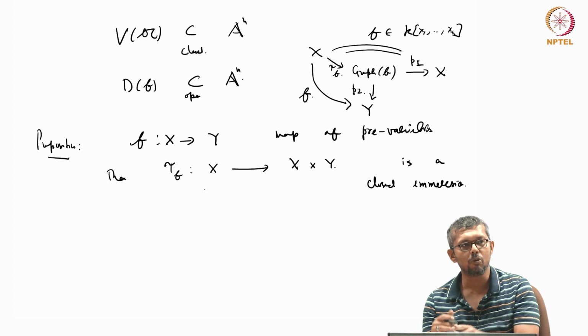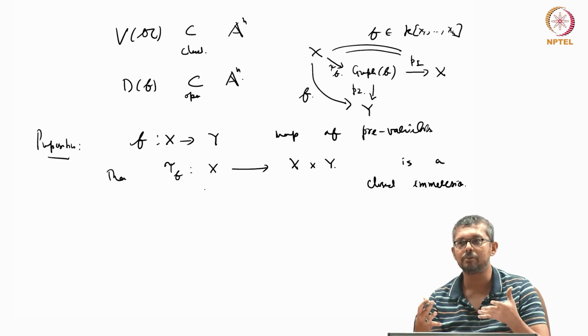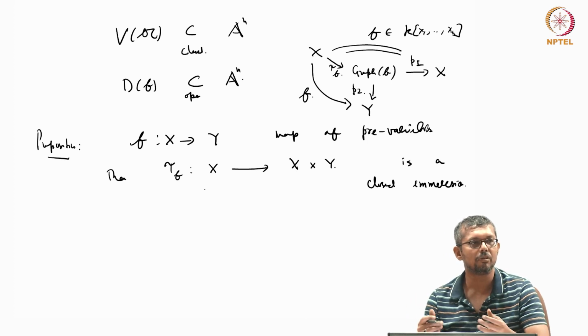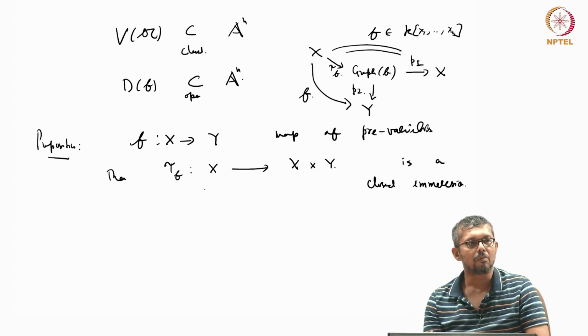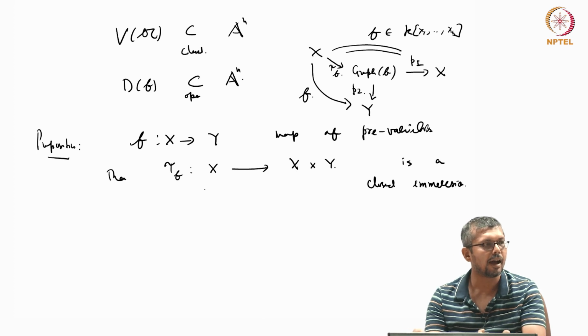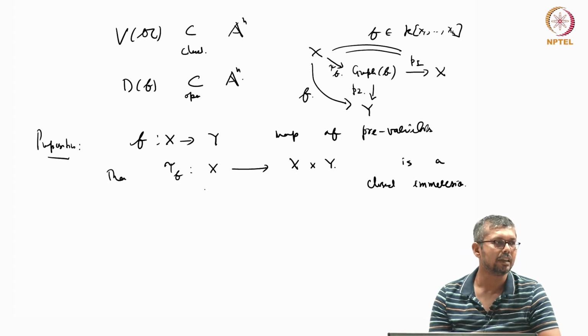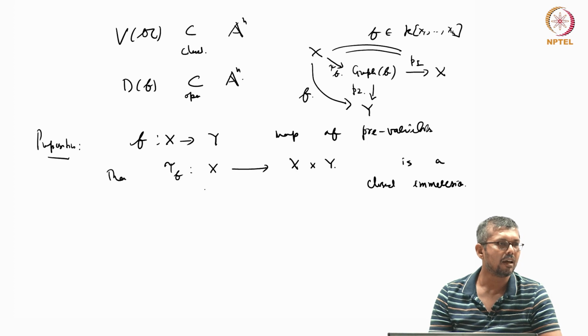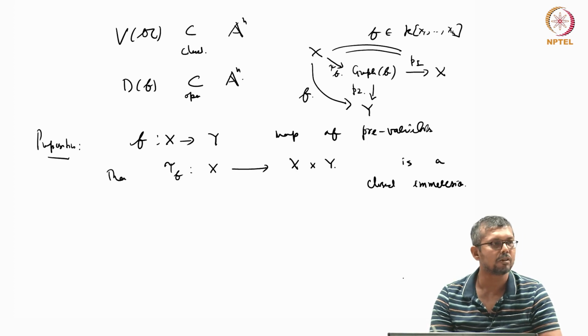So sometimes you go to a bigger space, proving things becomes easier. Because this is a closed immersion, they are isomorphic in some sense, right? The image is isomorphic to X itself, because that is what a closed immersion means.